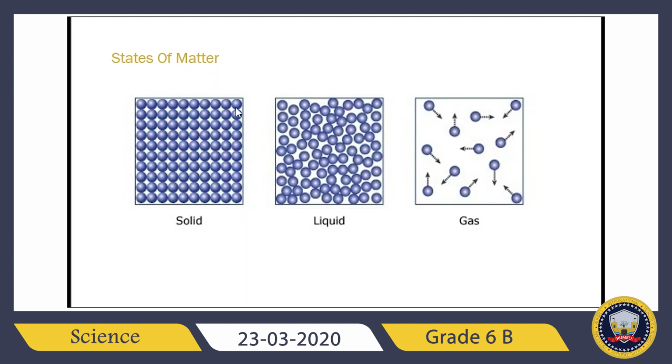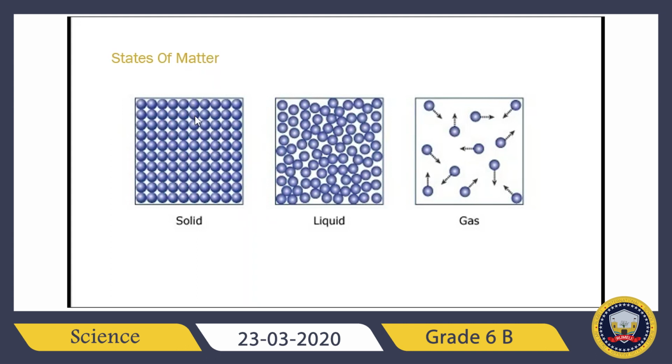So what about the volume of solids? Do you think that solids have a definite or a constant volume? To answer this question, we should again consider the spaces between the particles. And as we said, there are not enough spaces between the particles in solids. That's why the particles of solids cannot be compressed.